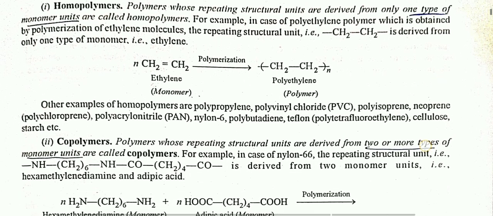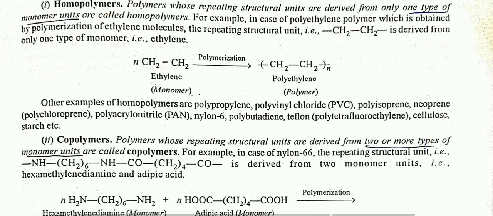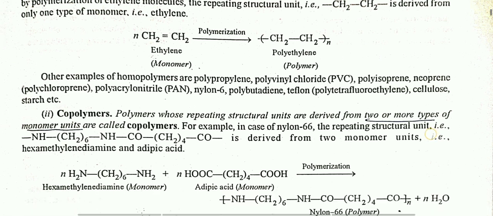Other examples of homopolymers are polypropylene, PVC, polyisoprene, neoprene, polyacrylonitrile, nylon 6, polybutadiene, Teflon, cellulose, starch.